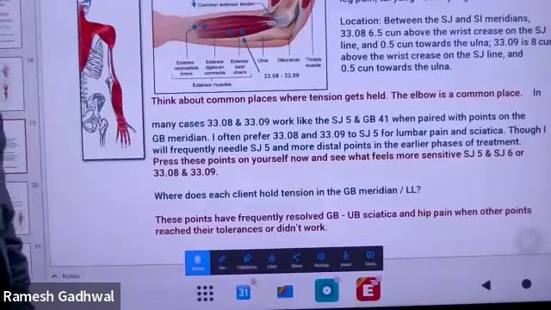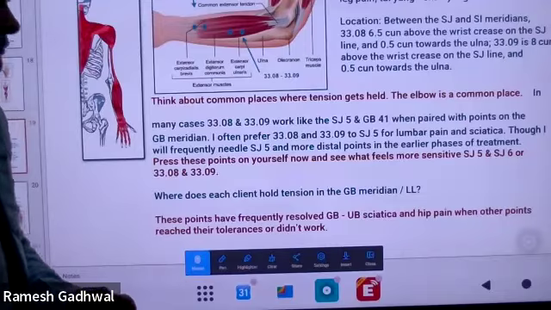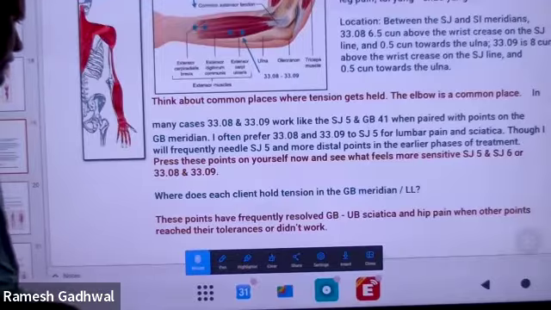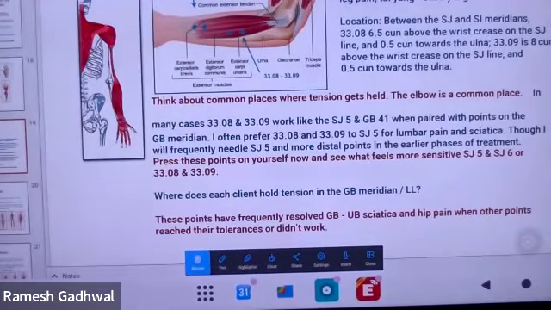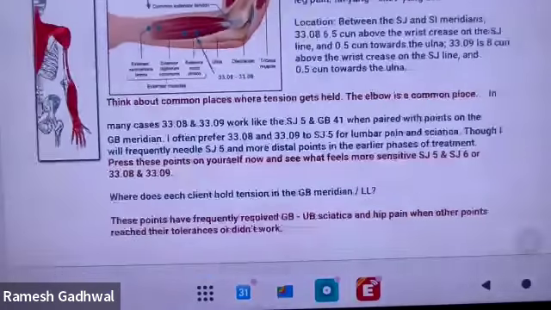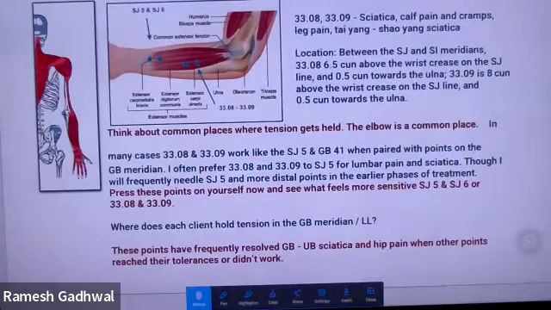Check which point is more sensitive on your body. Where does each client hold tension in the GB meridian and lateral line? These points have frequently resolved UB, sciatica, and hip pain when other points reached their tolerance or did not work.